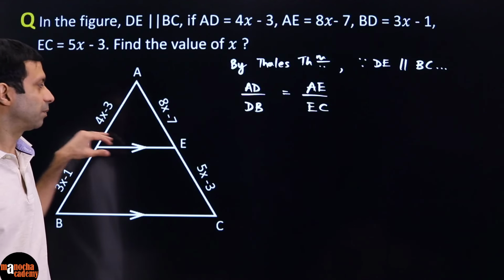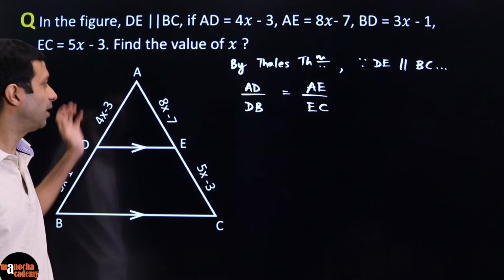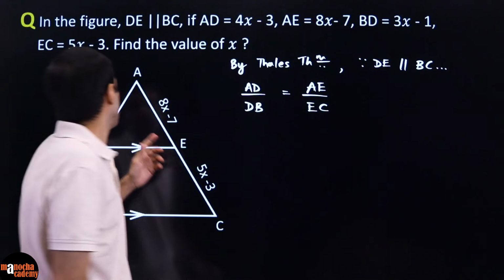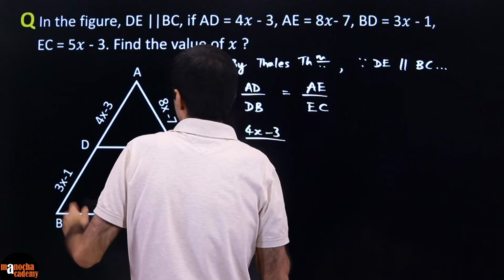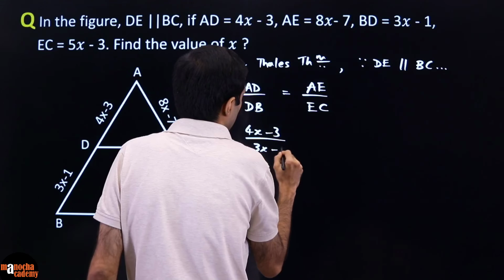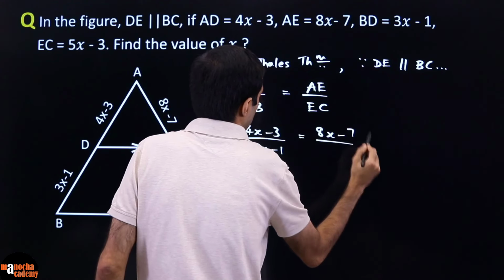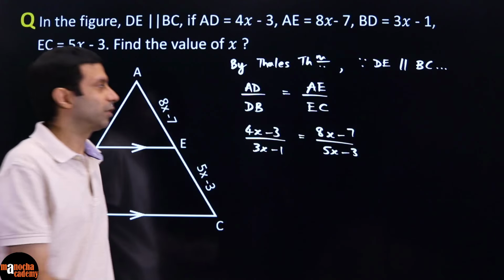Yes, this parallel line will divide the sides into equal ratios, right? AD by DB equal to AE by EC. Now just go ahead and substitute. So what will you substitute here? AD is given as 4x minus 3 divided by 3x minus 1, and that's equal to 8x minus 7 divided by 5x minus 3.